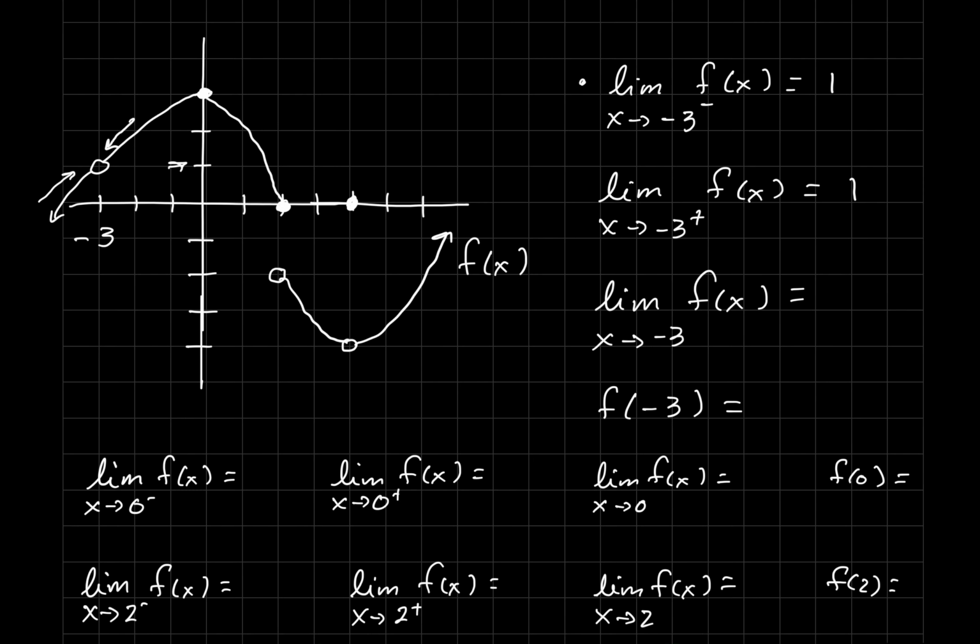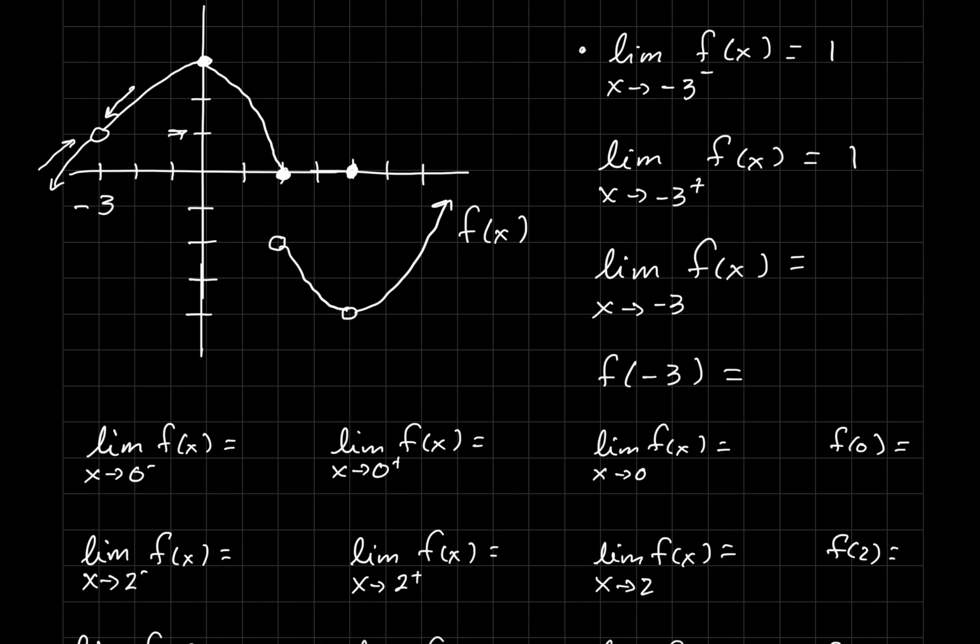Back to the graph over here. The limit from the less than or left side, or the negative side, we say all those things, equals the same value from the greater than or positive side or from the right. So the function has a limit of 1 as x gets close to negative 3.